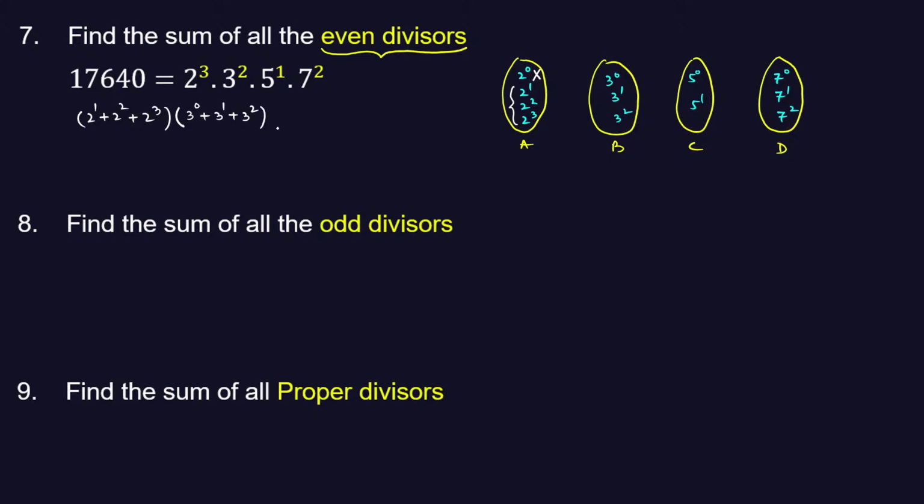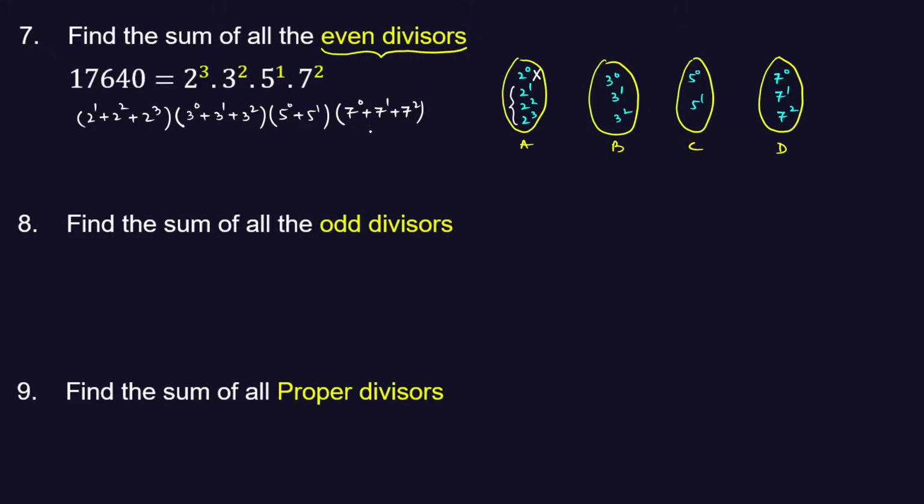I don't have any restriction about the other primes, because that is not going to create an even divisor. The even divisor will be created when the divisors contain at least 1 2. So for 5 we have 5 to the power 0 plus 5 to the power 1. And for 7 we have 7 to the power 0, 7 to the power 1 plus 7 to the power 2. And that is the formula we have just learned.